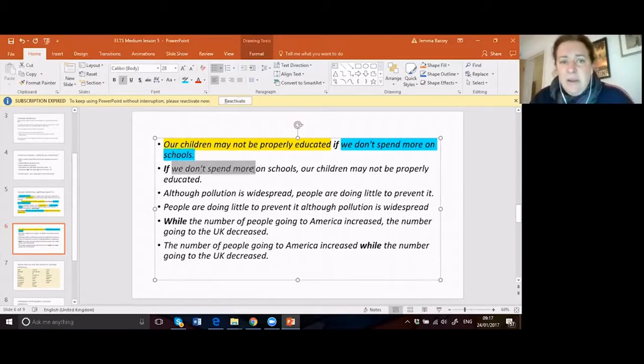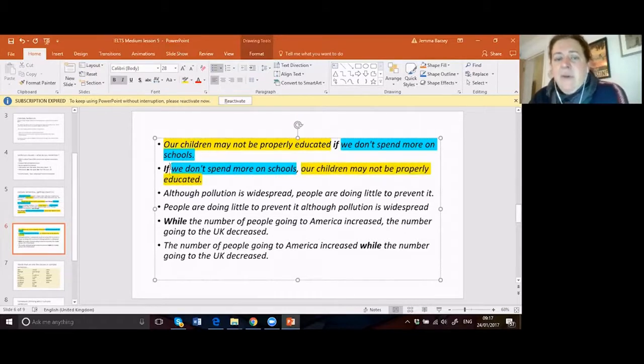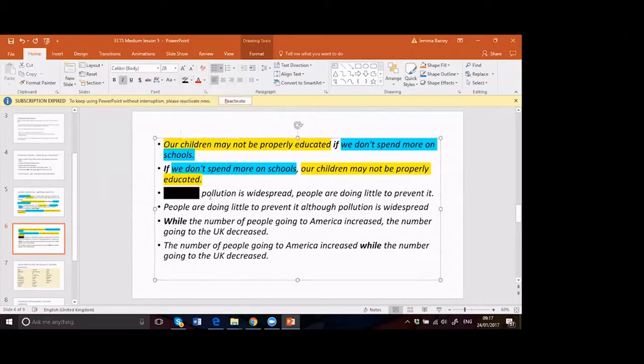And you can do it either way. With the linking word if, okay? And then we've got our linking word here that's joining them together. Although, oh, no, I didn't need to do that.